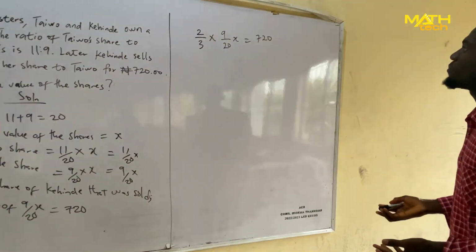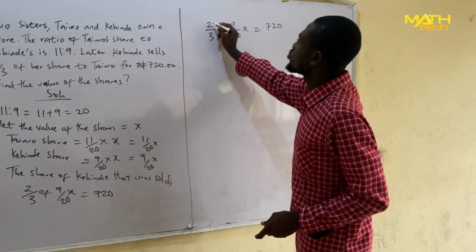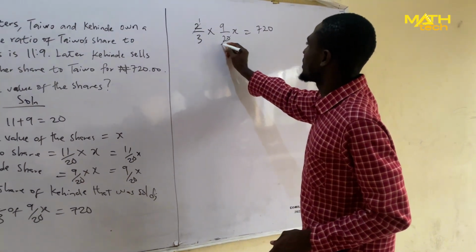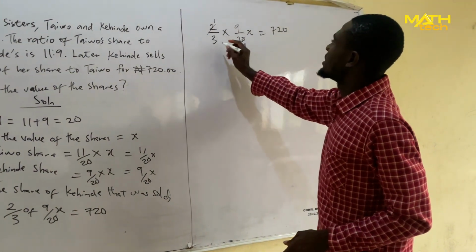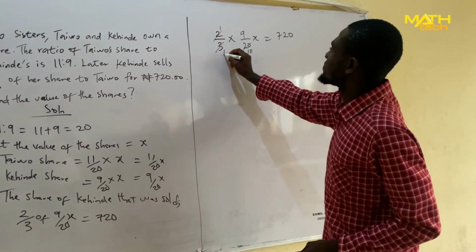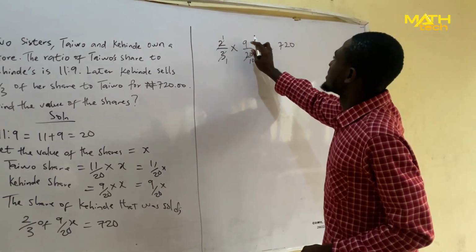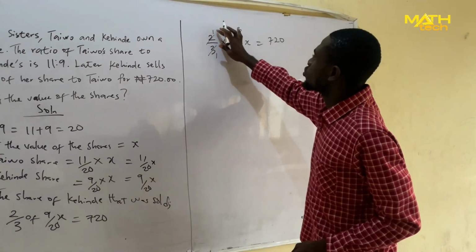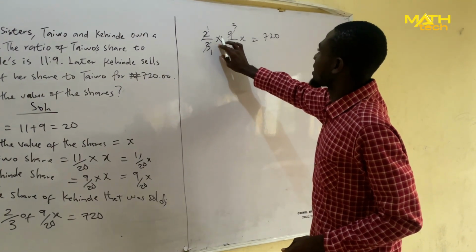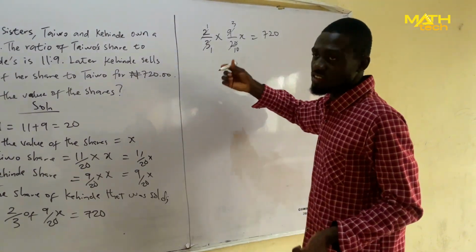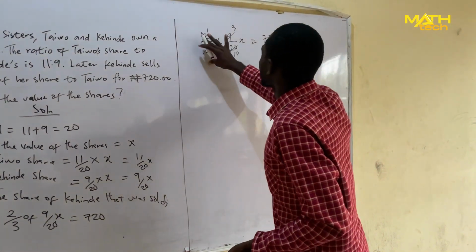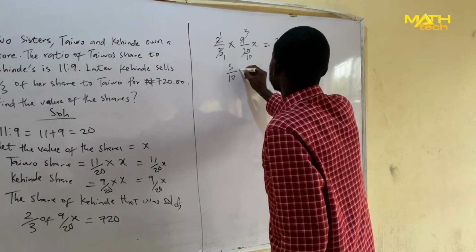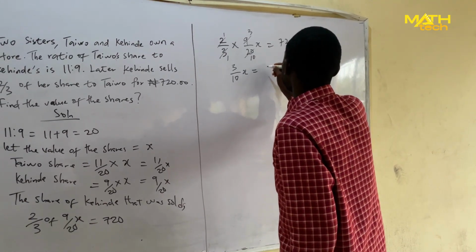So we carry out the simple multiplication. 2 into 2 gives us 1, and 2 into 20 gives us 10. 3 into 3 gives us 1, and 3 into 9 gives us 3. So this is 1/1 times 3/10. 1/1 is the same as 1, and 1 times this gives us 3/10x equal to 720.